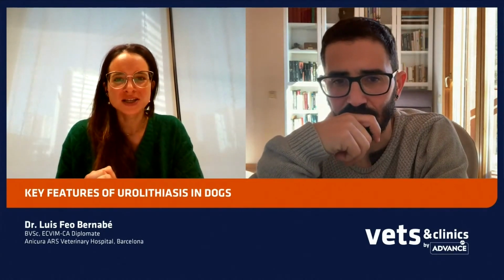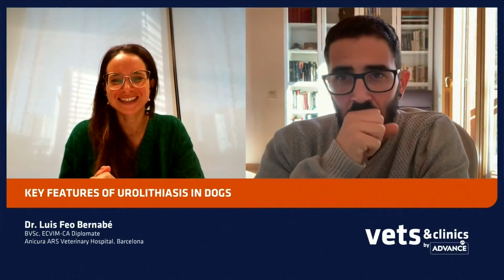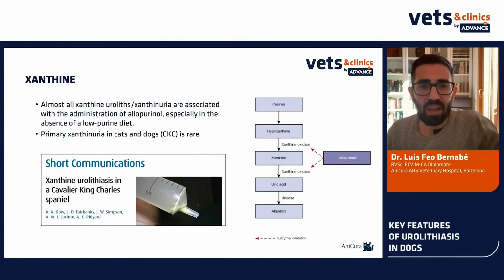Thanks, Luis. Now, just to finish the webinar, let's move to the last kind of stones, which are xanthine stones. Which are the main characteristics that we have to know about this kind of urolith? So yes, xanthine is one of the biggest uroliths, and it depends a lot on whether you use allopurinol or not.